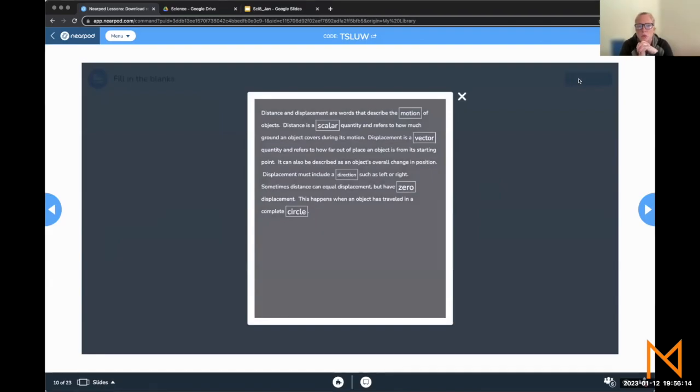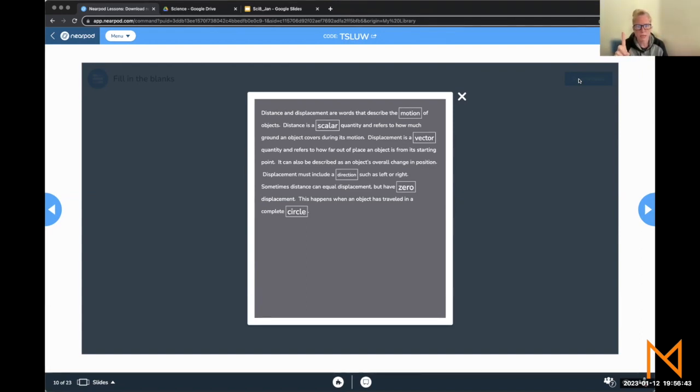Distance and displacement are words that describe the motion of objects. They're both talking about this thing moving. Distance is a scalar quantity and refers to how much ground it covered. If we drove 6 hours in one direction and 3 hours back because we forgot something and another 6 hours, we would describe that entire time that our car or our bike or whatever was moving.